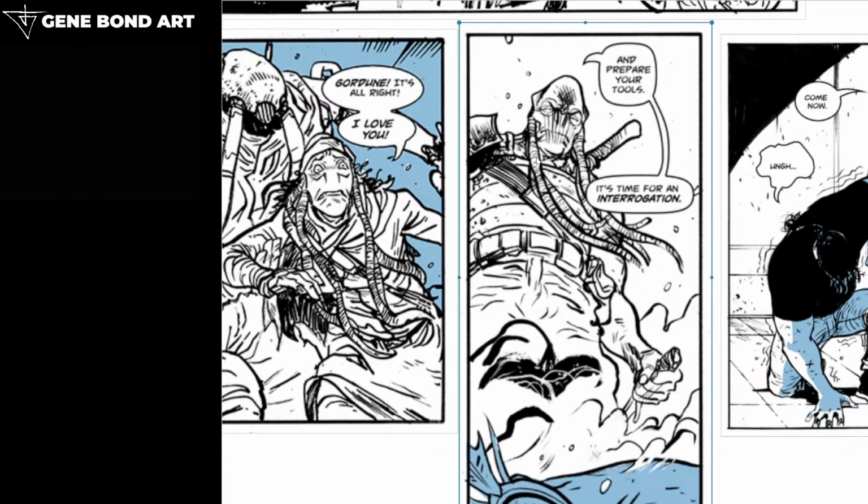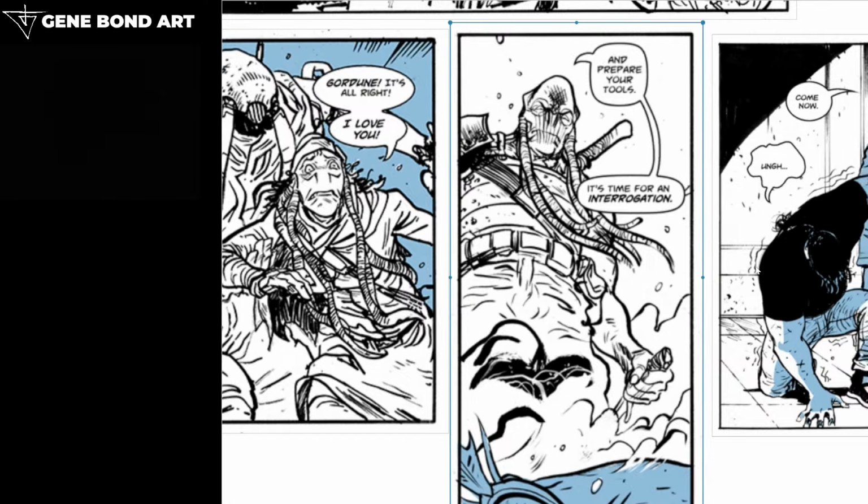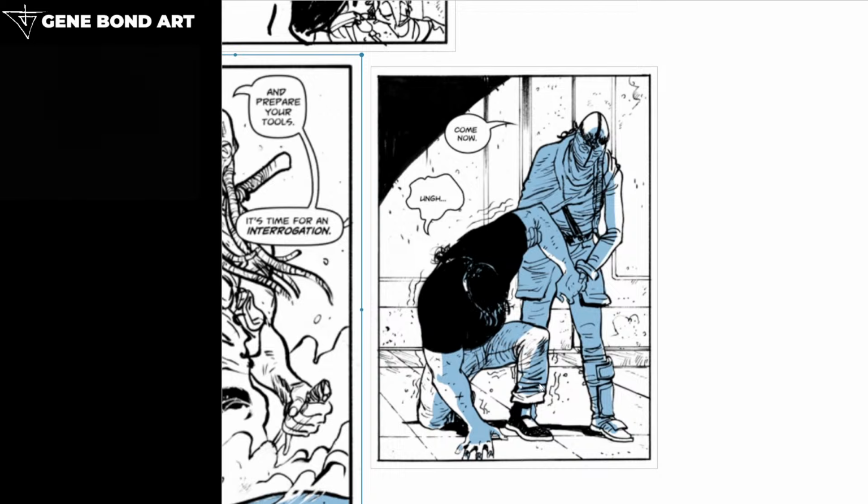Ground view, camera looking up, an upshot, right? So this character looks really dangerous, really dominating here. This one is more neutral, kind of eye level, just a neutral shot, like one point perspective, you know.